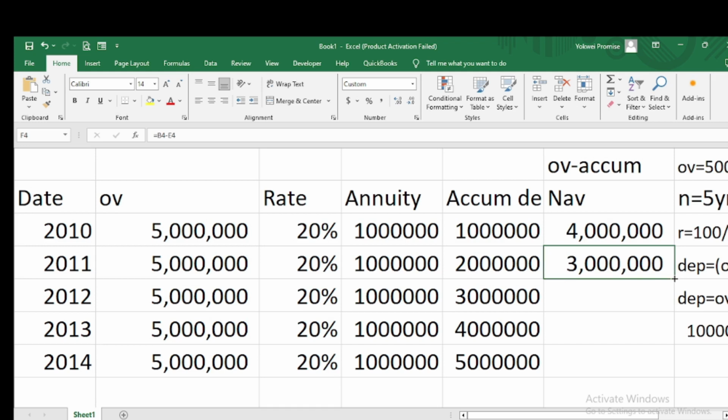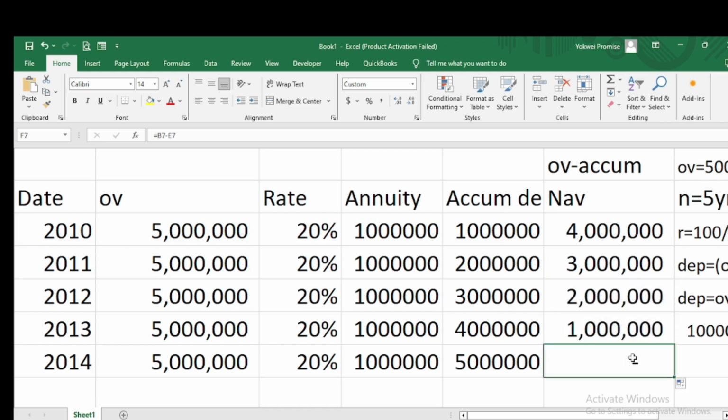Let me just autofill for the others. You see, at the last year we have a dash, meaning it is 0, meaning this asset has completely depreciated. So this is how we calculate the depreciation of an asset using the constant method or the straight line method.